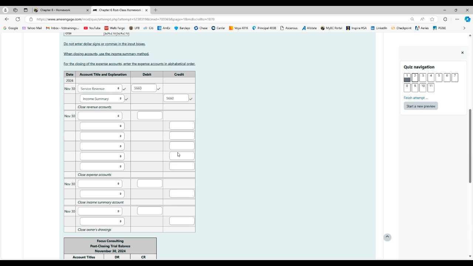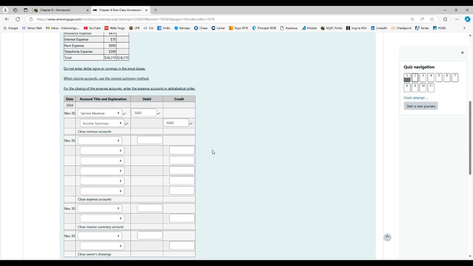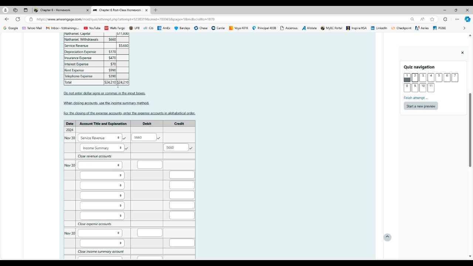Okay, and then alternatively, all of our expenses are normal debit balances, right? And so to close those to zero, we're going to want to credit those. And then we're going to debit the income summary for the total of all these together, so we'll have to calculate that. For all the pieces, we'll go depreciation expense, insurance expense, interest expense, rent expense, and then telephone expense.